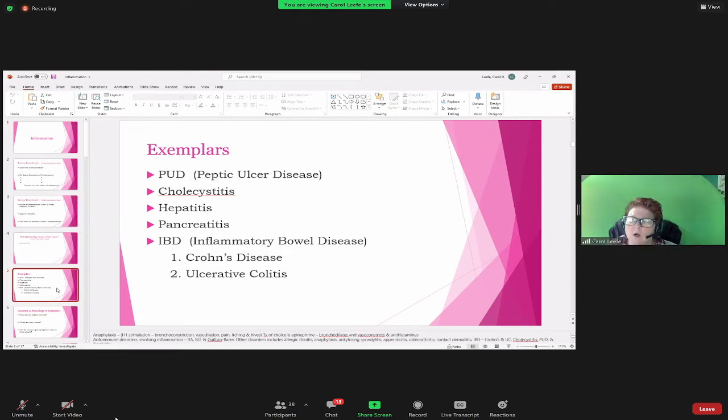Okay, so peptic ulcer disease. If somebody has an ulcer, all those symptoms, we're not going to be able to readily see the redness, right? Because that's an internal organ. We're not going to be able to see the edema, okay? They have complained about pain, and I'm going to ask you about the mnemonic that goes with that.